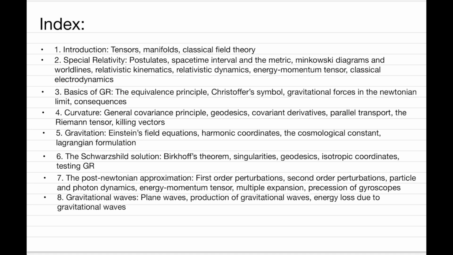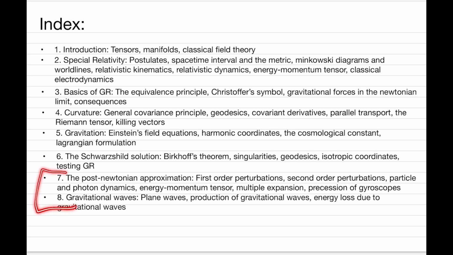Then unit 6 is going to be the Schwarzschild solution, which is a very well-known black hole solution. Although it's not only black holes, the Schwarzschild solution applies even for planets, as long as the object that you are studying is spherically symmetrical and stationary. But we'll see this in the course.